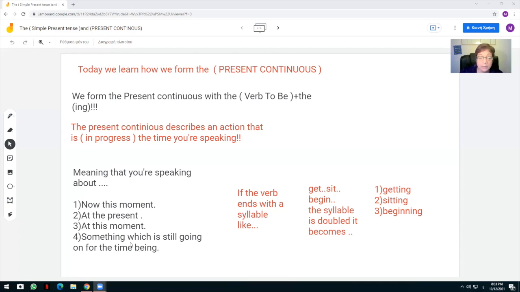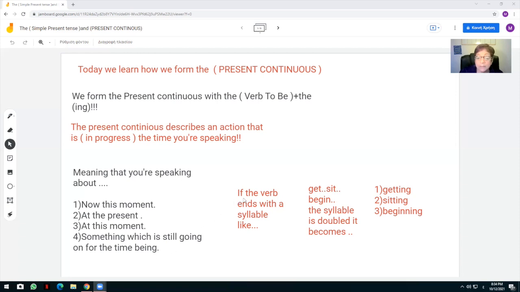Something which is still going on for the time being. We say it is still going on for the time being.